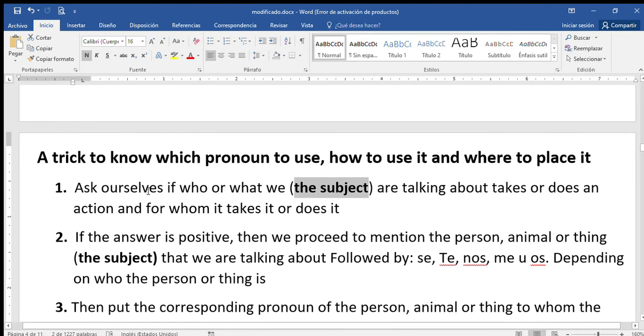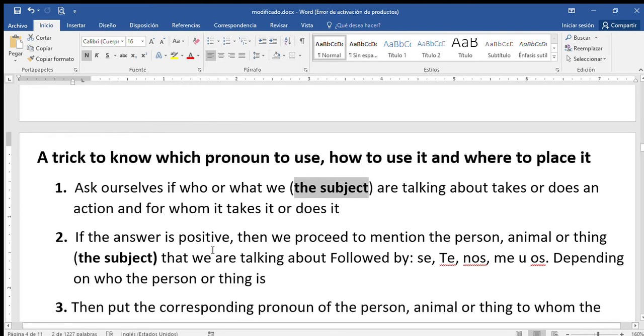It would be less confusing if we say who or what we are talking about instead of saying the subject. So ask ourselves if who or what we are talking about takes or does an action and for whom it takes it or does it.